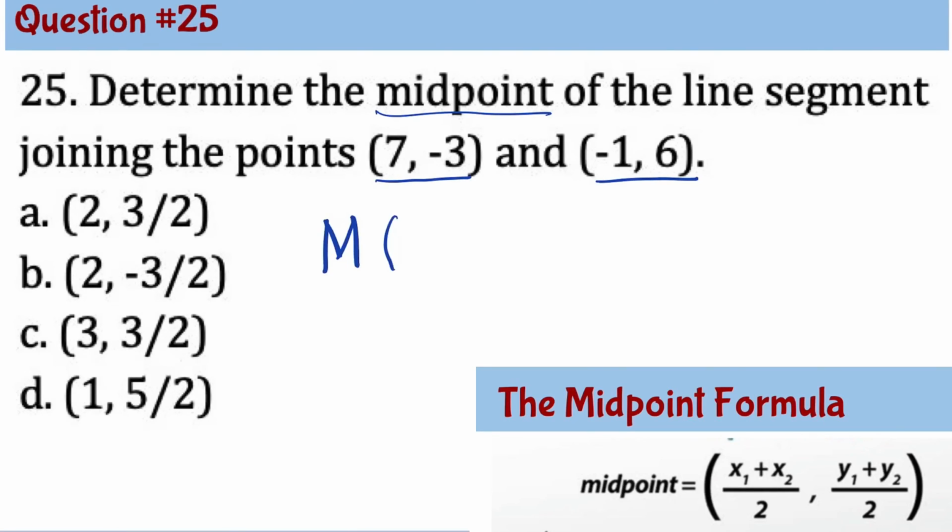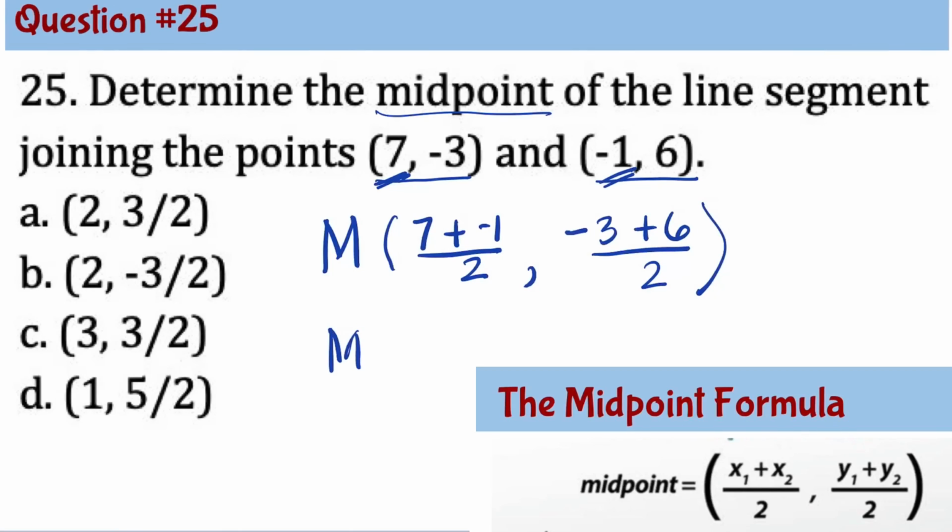So the x values are 7 and -1 divided by 2. Average means you need to add 7 and -1 and then you're dividing by 2. That will be the x coordinate of your midpoint. For the y value, we also need to add -3 plus 6 and then divide by 2.